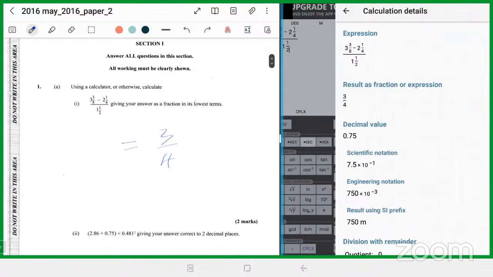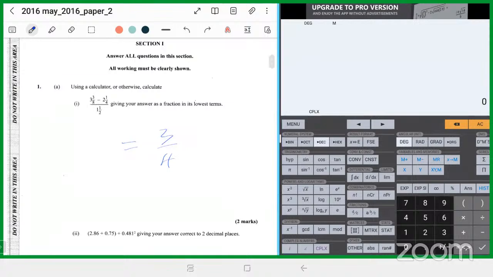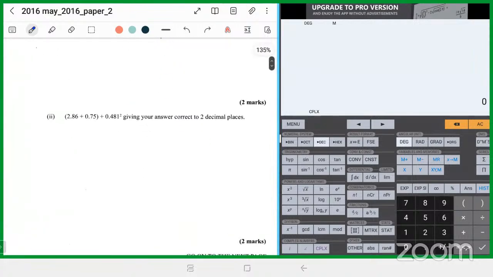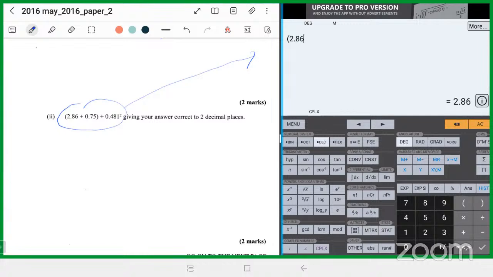First part done. Next part is for us to use the calculator again to do this. It wants the answer correct to 2 decimal places. Again, I'm going to type this exactly as it is in the calculator: a bracket, 2.86 plus 0.75, close bracket, plus 0.481 squared. Make sure that what I have there is the exact same thing in the calculator.